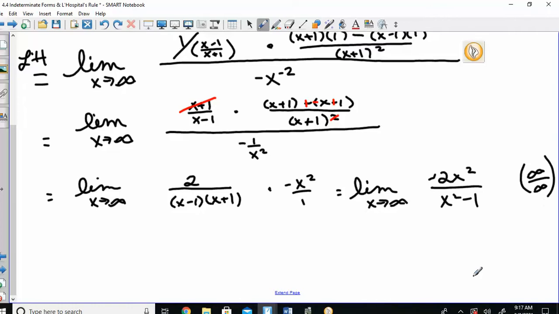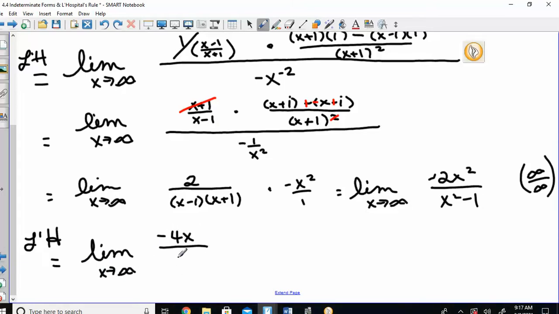Where'd you get that 2 from? Right here when I did the 1 plus the 1. Oh, okay. So what does that tell me? L'Hopital's again. That's going to be much nicer now because we just have a polynomial over a polynomial. Okay, so derivative of the top would be negative 4x.